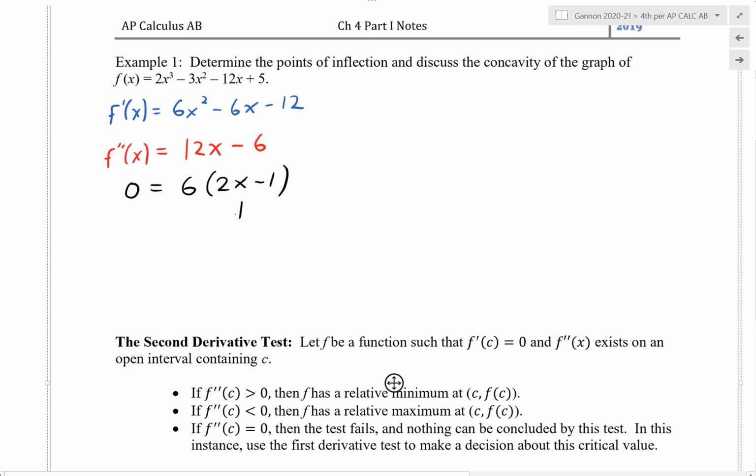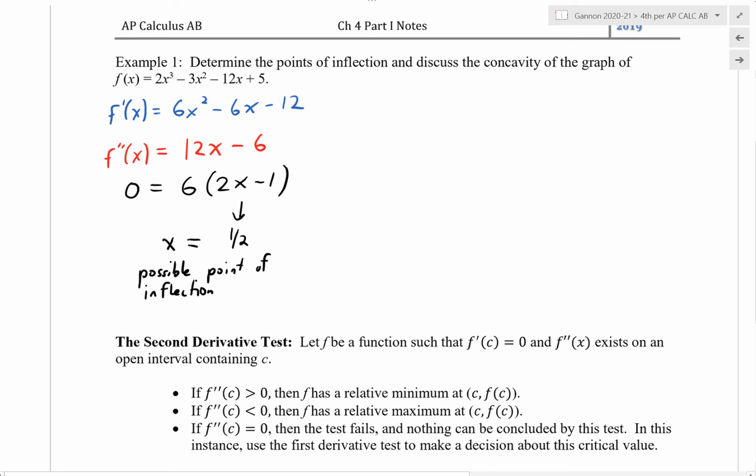So the only possible point of inflection is going to happen at x equals 1/2. Now, x equals 1/2 is a possible point of inflection. In order for it to actually be a point of inflection, there has to be a sign change in the second derivative at that value.